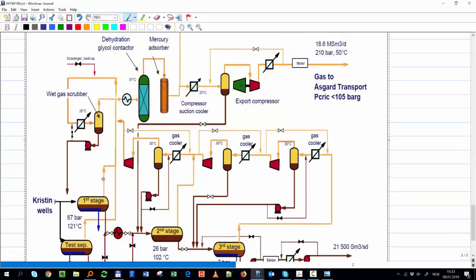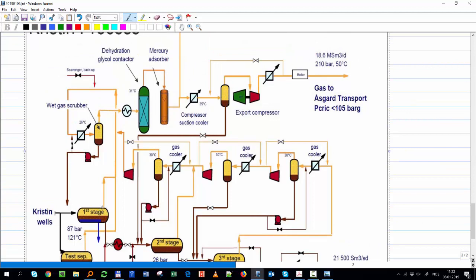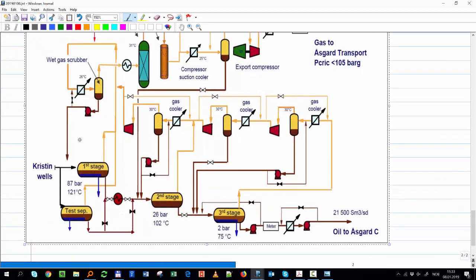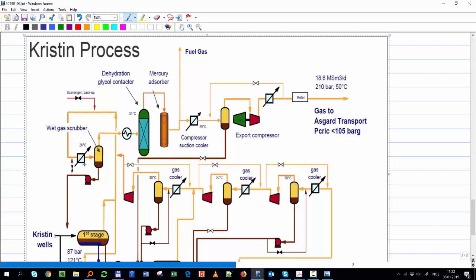Now let's see the gas. What happened with the gas? The gas comes out of the first stage, then it goes to the cooler. The arrow indicates I can regulate the temperature. After the cooler, I have a scrubber, and then I go into this dehydration process.